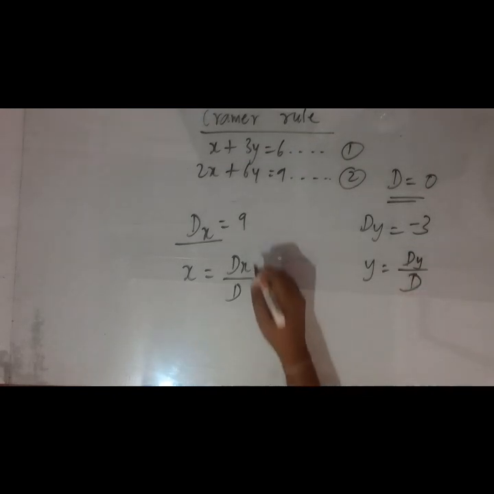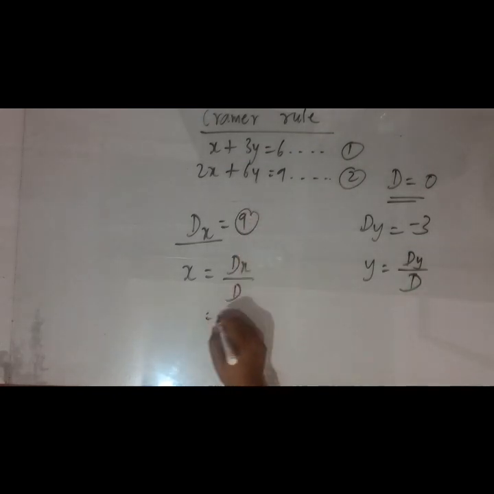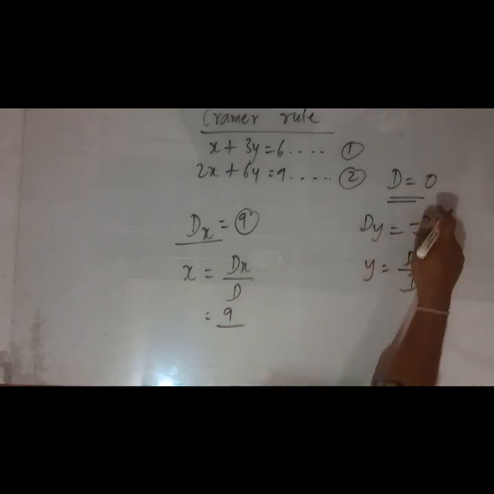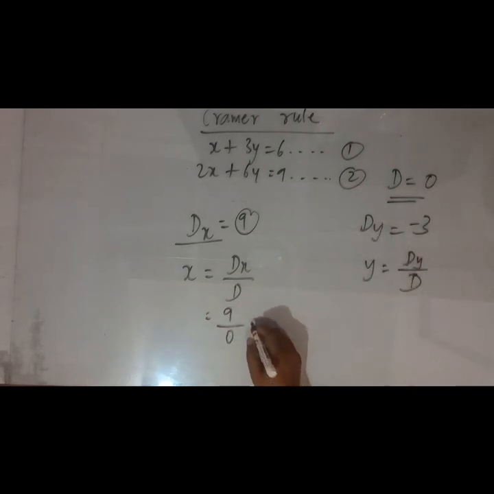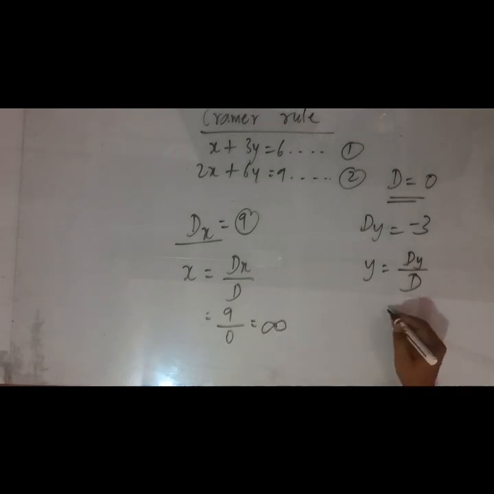Now what is dx? We already found it is 9. And what is d? It's 0. So again your answer is infinity. And here again the same thing, minus 3 upon 0. So again your answer is infinity.